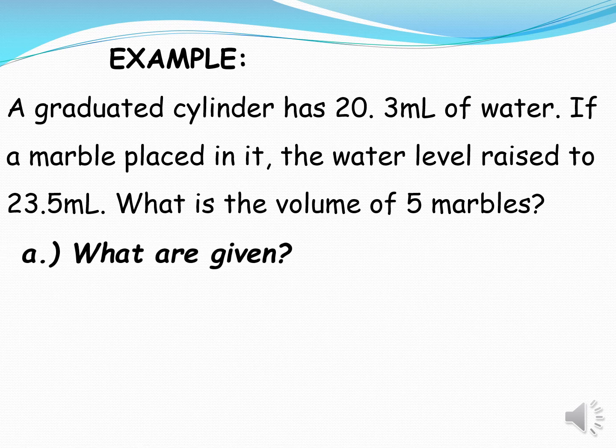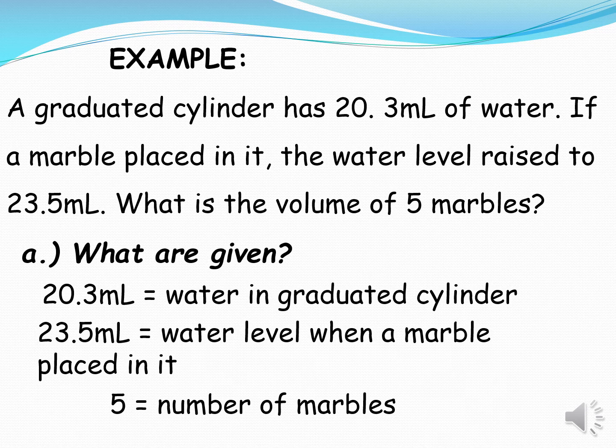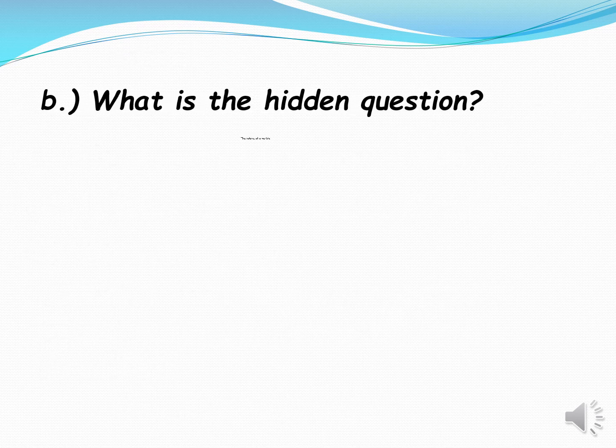So first, what are given? We have 20 and 3/10 milliliters water in the graduated cylinder, 23 and 5/10 milliliters water level when a marble is placed in it. Then we have 5, the number of marbles. What is the hidden question?